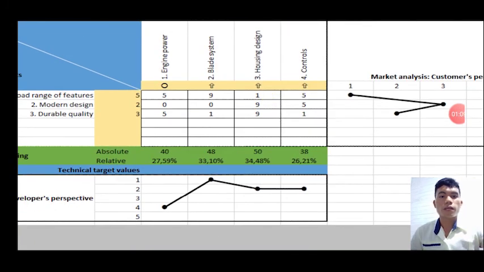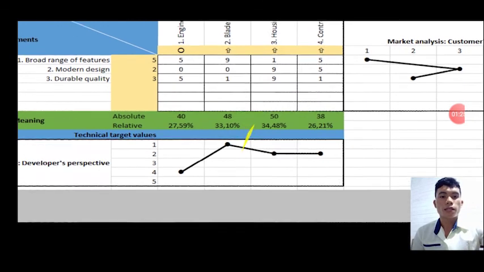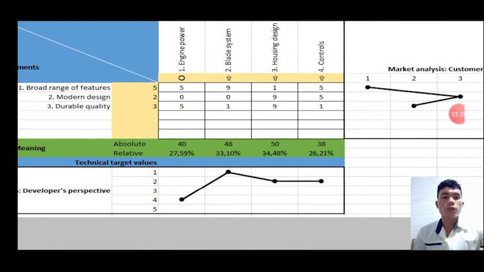So 5 times 5 from broad range feature 5, and then from engine power, which is also 5, equals 25, and then add 25 and 15, we will get absolute value of 40, and then so on with the blade system, housing design, and controls.